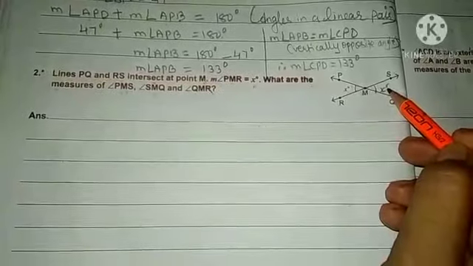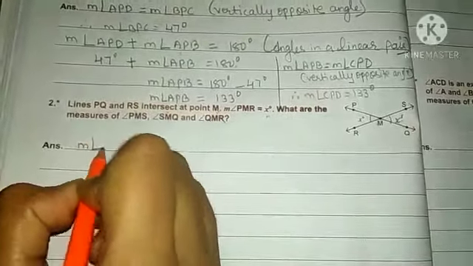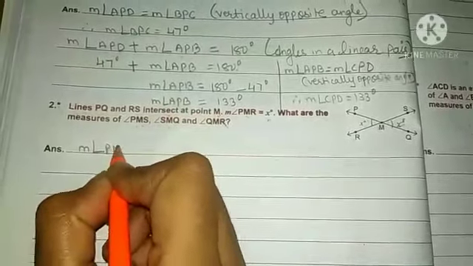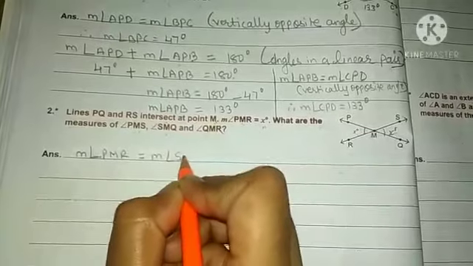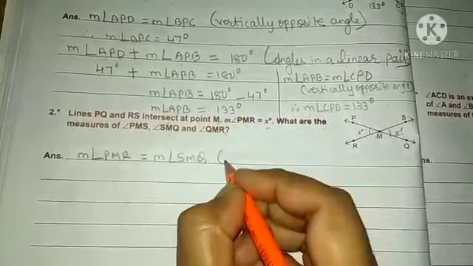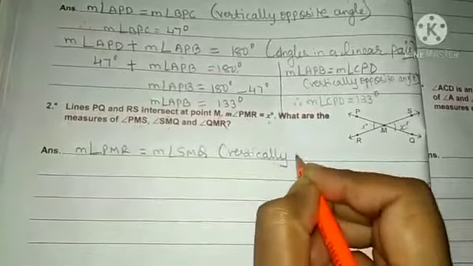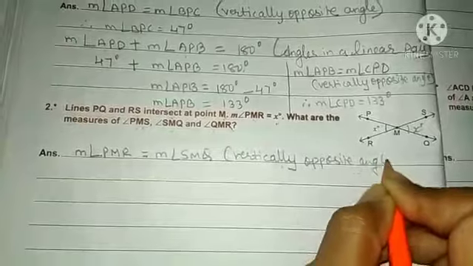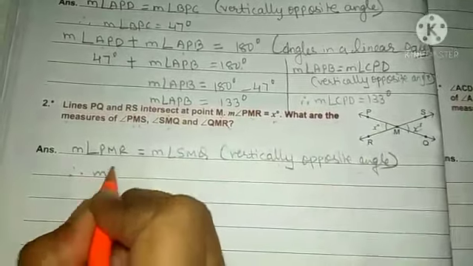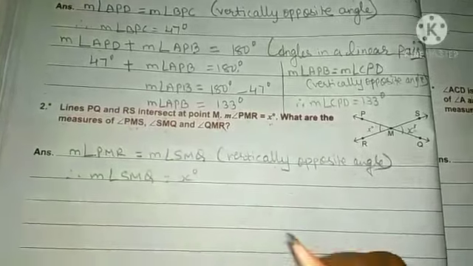Understood? So here what you will write down? Here you will write down that measure of angle PMR is equal to measure of angle SMQ. Why? Because they are vertically opposite angle. Understood? So here therefore measure of angle SMQ is x degree.